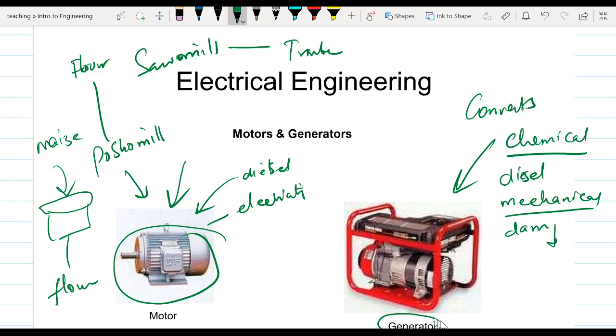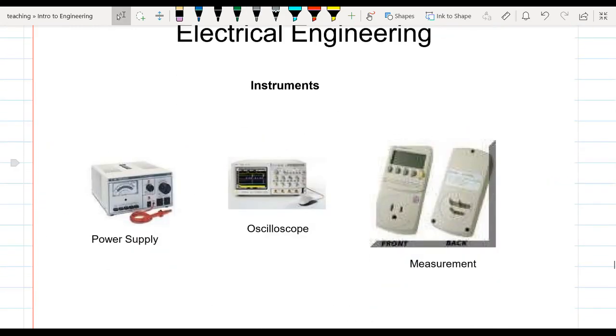This is a small version of a generator, but the generators that run in hydroelectric power plants are still called generators, and they produce power. They convert either diesel or water with high potential into electrical energy.